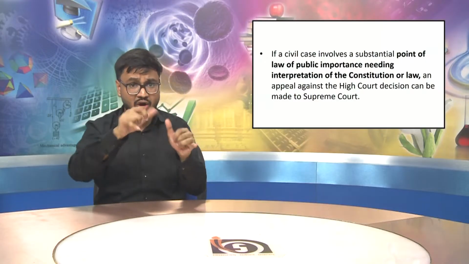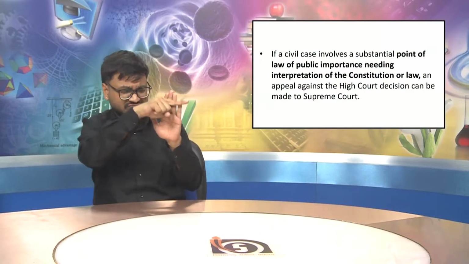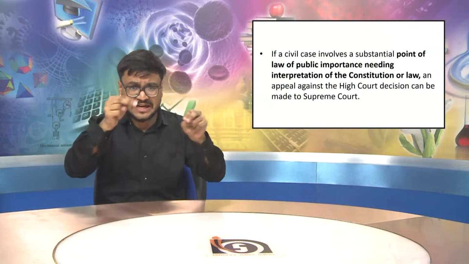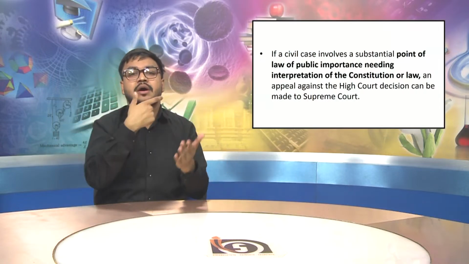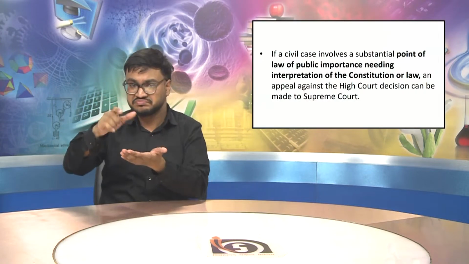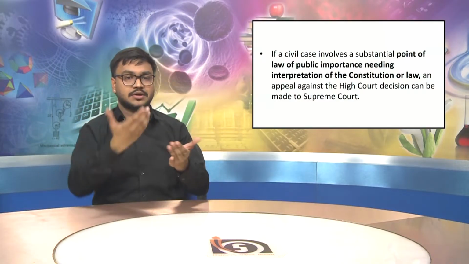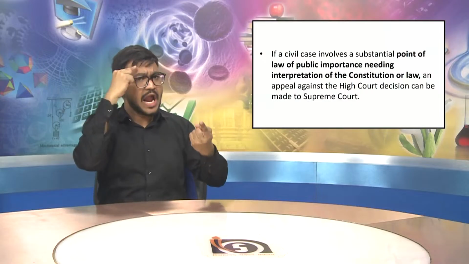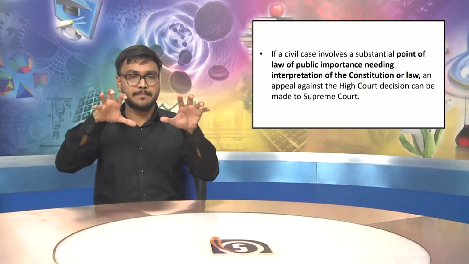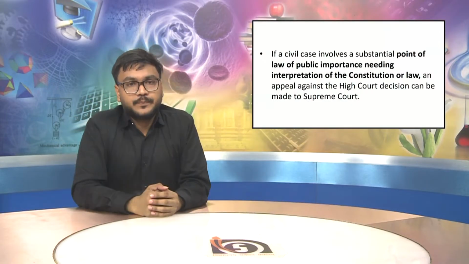If a civil case involves a substantial point of law of public importance needing interpretation of the constitution or law, an appeal against the High Court decision can be made to the Supreme Court.